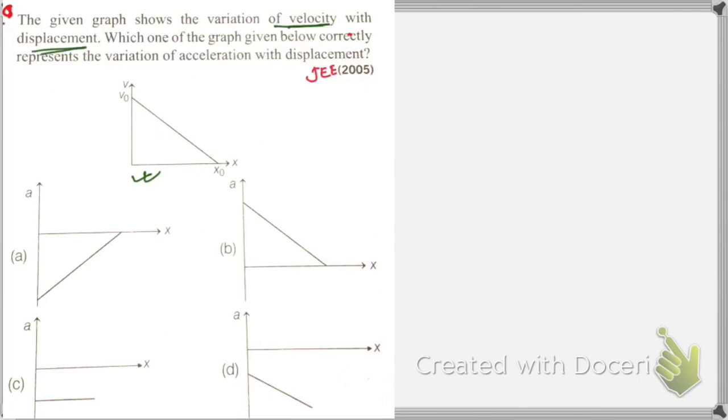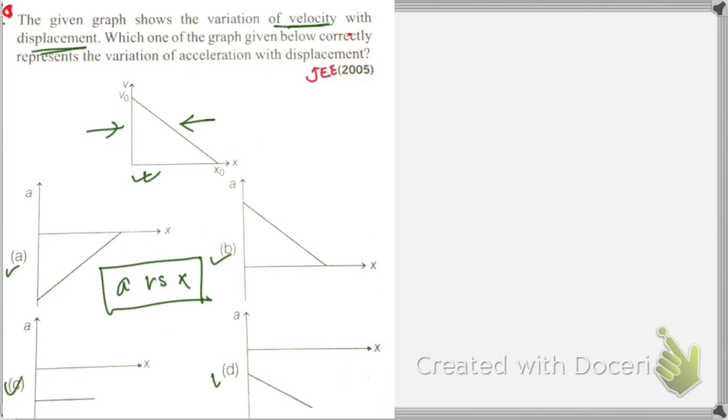And now we have to find out which one of these four graphs represents this graph, right? So in the options we have acceleration versus displacement graphs. So which acceleration versus displacement graph represents this given graph has to be determined. Okay, so now let's start.